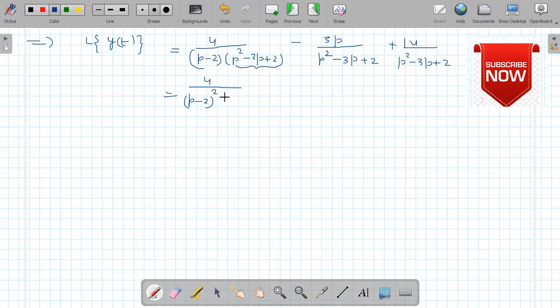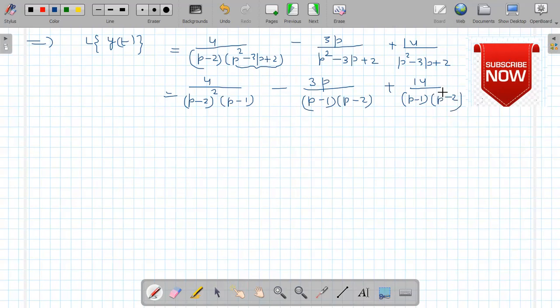So when you multiply p minus 2 with this, you will have (p minus 2) whole square into (p minus 1). And it is 3p over (p minus 1) into (p minus 2), (p minus 1) into (p minus 2).